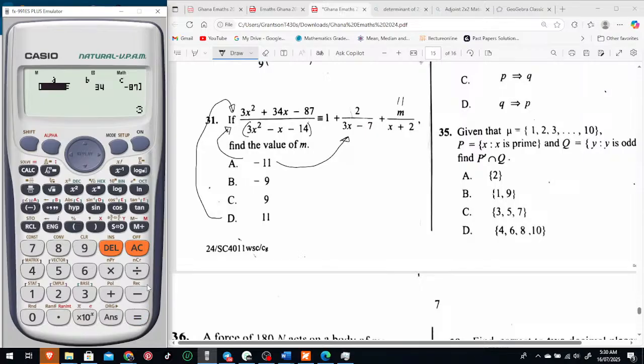So for the other side, we will multiply the denominator so that it will be the same as the one on our left hand side. So you're multiplying through by the LCM? Yes. So this becomes 3x minus 7 times x plus 2, plus 2 times x plus 2, plus m times 3x minus 7, equals this one.